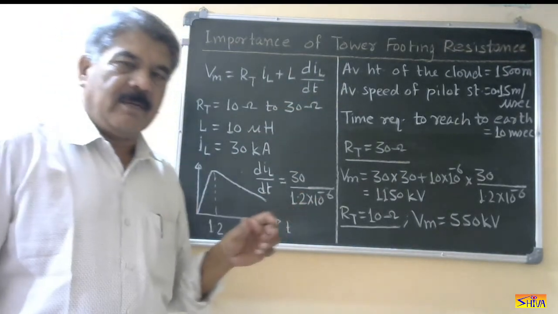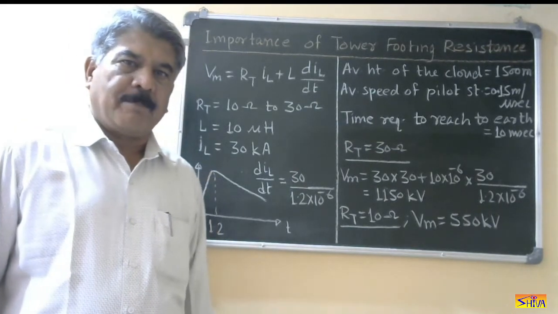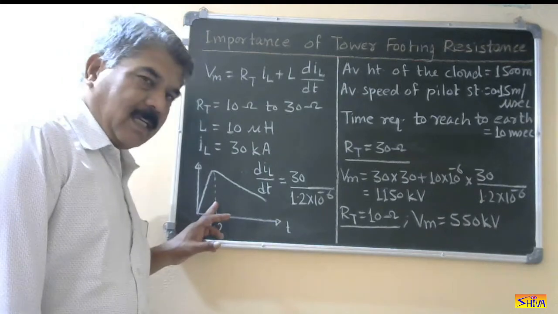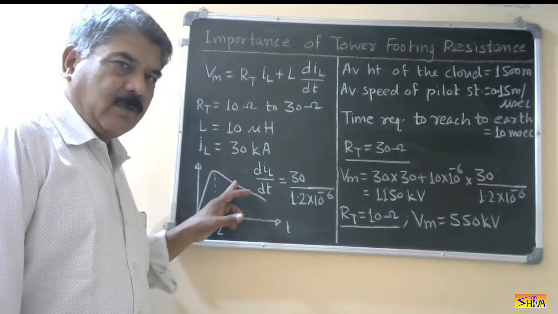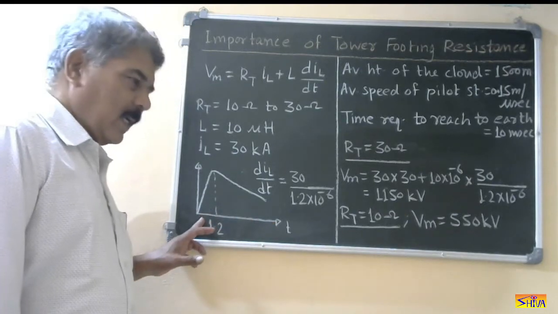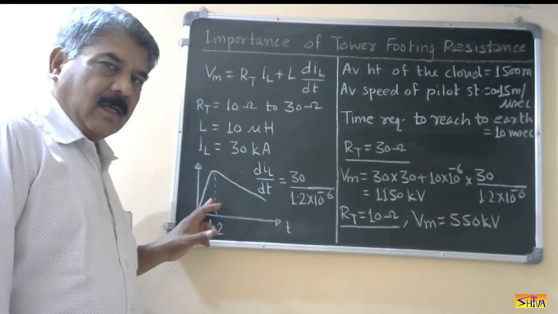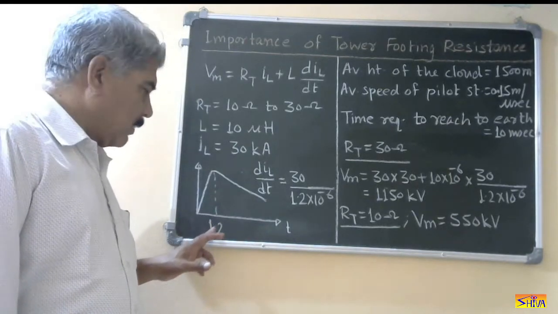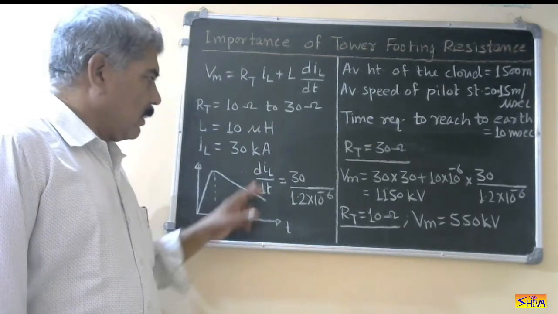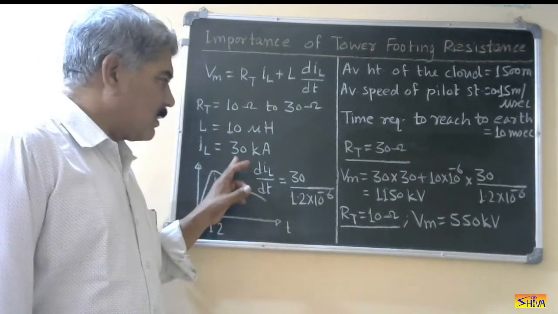I had explained to you that the lightning stroke or lightning voltage has impulse nature. Impulse nature means sharp rise in magnitude and relatively slow decaying. So here, as per Indian standard, this voltage reaches the peak value from 0 in 1.2 microseconds. And peak value of this lightning stroke current is 30 kiloamperes.